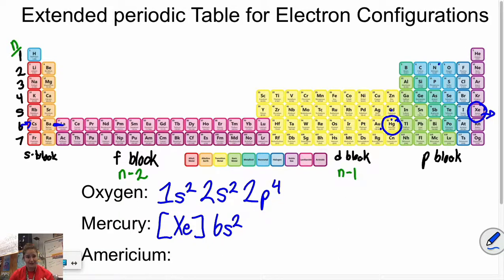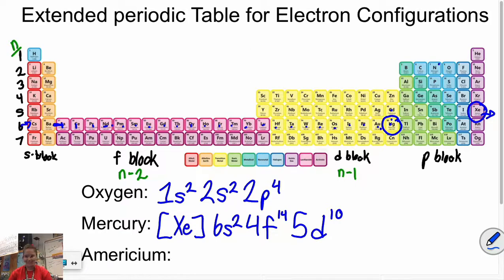So after filling up the 6s, it actually goes back down and fills up the 4f. 4f, 1, 2, 3, 4, 5, 6, 7, 8, 9, 10, 11, 12, 13, 14. 4f14. Then it'll go and fill up the 5d, 1, 2, 3, 4, 5, 6, 7, 8, 9, 10.